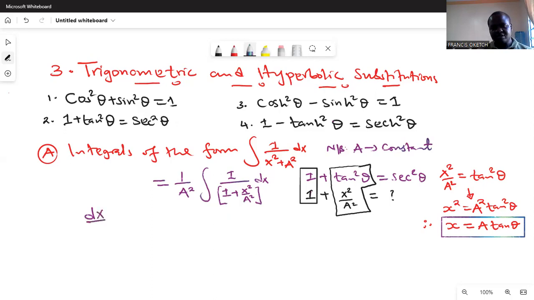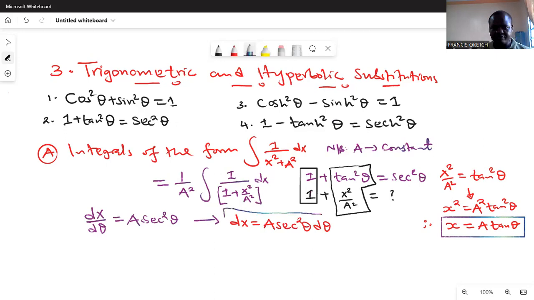Remember a is a constant, so differentiate tan theta, which is sec squared theta. So there we'll have a times sec squared theta. If you make dx the subject, you get dx is equal to a sec squared theta d theta.